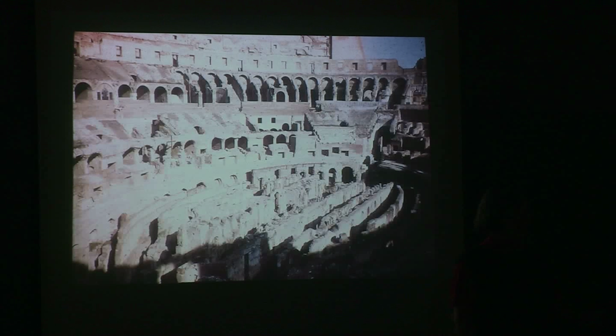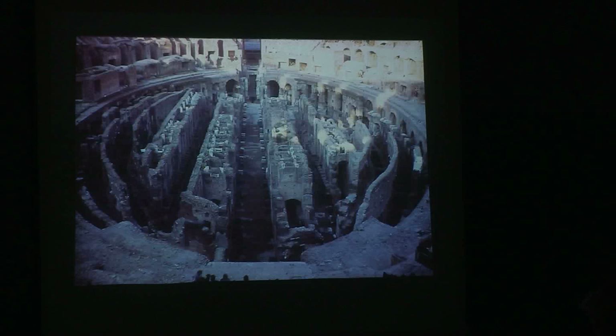You had to contain them somehow, and then you had to get them on the arena for the spectacle, and the same thing for the gladiators. So you needed barracks for the gladiators, you needed barracks for the animals. So this maze of corridors and cells, rooms that you see underneath the Colosseum gives us some clue about how carefully that planning had to be done, also bringing in these large numbers of animals.